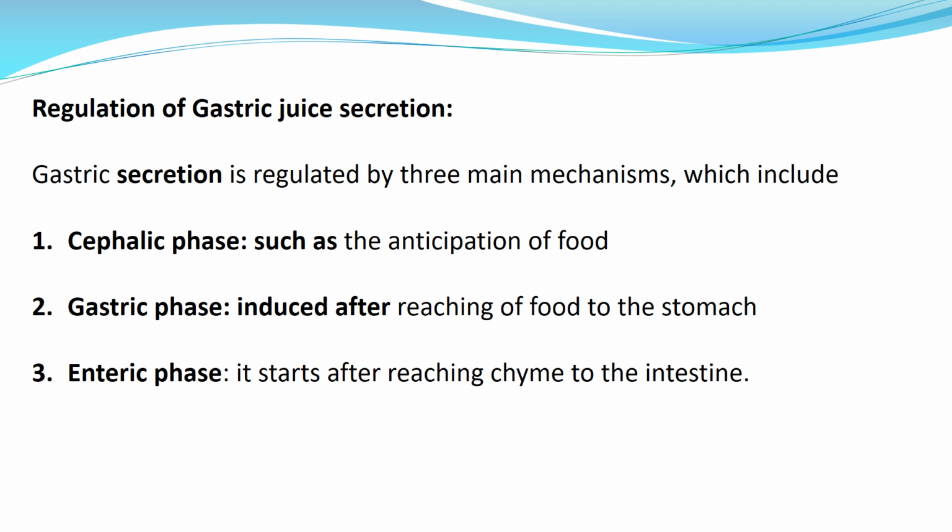What do you mean by cephalic phase? It is such as anticipation of food, or when you are thinking about a specific type of food, or when you have been told you have a specific type of food. When you are thinking about this type of food, your stomach directly starts excretion of gastric juice.